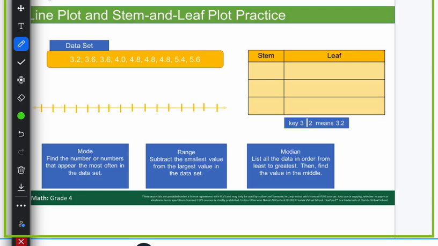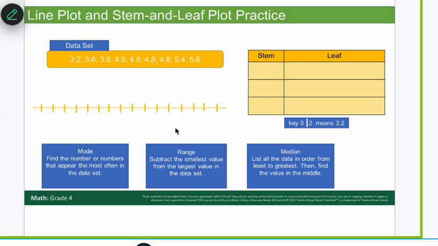So let's go ahead and try this by looking at this data set. My data set is already in numerical order. It is ascending. That means it's going from the least number up to the greatest number. I also see in my data set that I have decimal numbers.